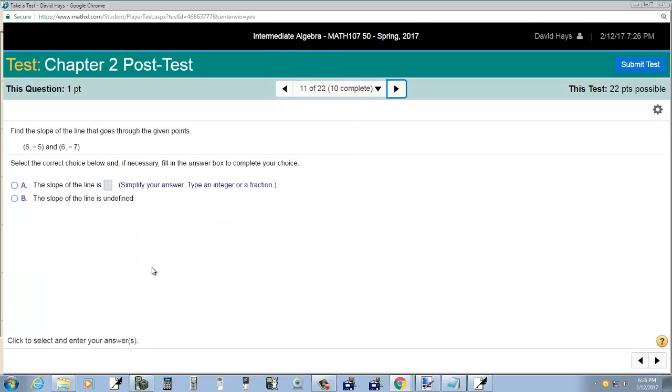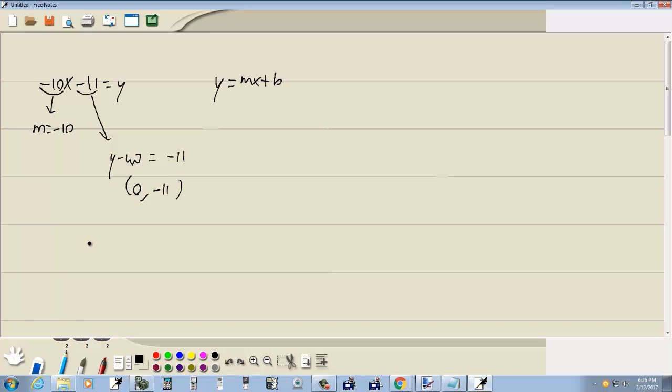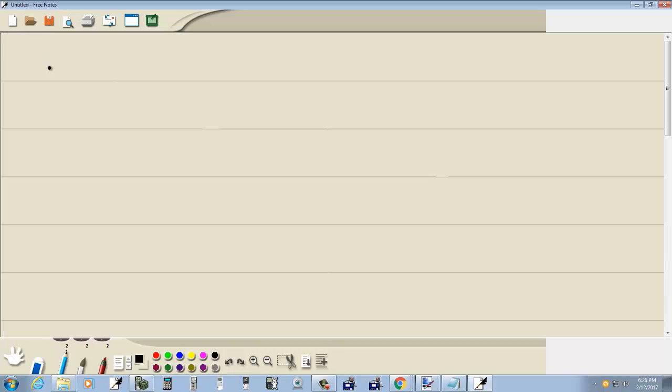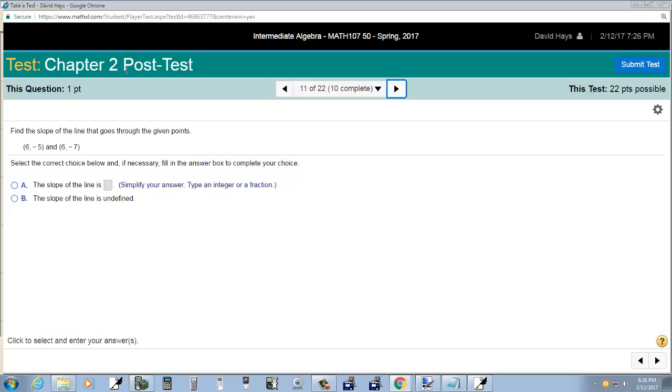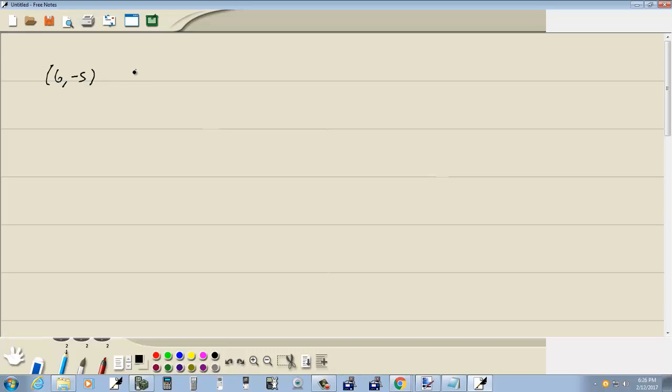Okay, find the slope of the line that goes through those points. Clear this off. I got 6, -5. And 6, -7. Right away I see it's one of the oddball cases because the x values are the same. But let's plug it in. Plug it in to m is equal to y2 minus y1 over x2 minus x1.